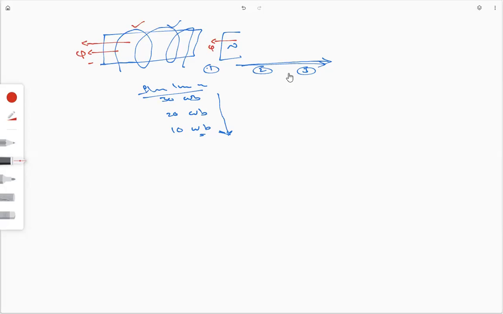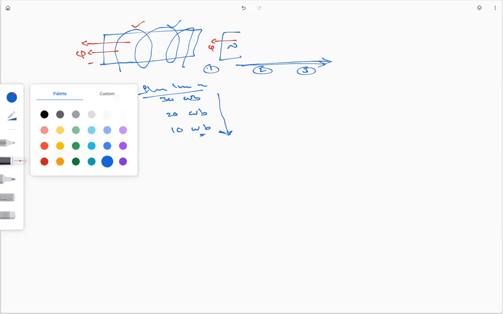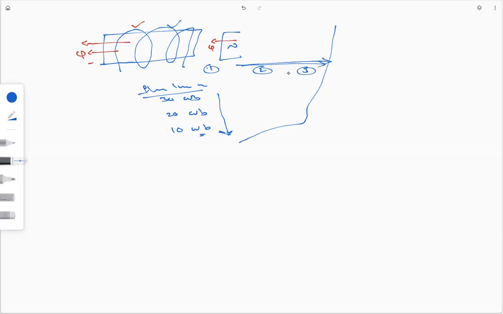So this case is the same in a transformer. Transformer means what? This case is the same as when the flux is changing from here to here. Okay, this is the flux waveform.